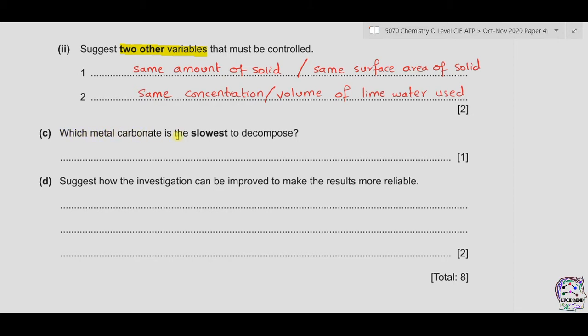C. Which metal carbonate is the slowest to decompose? Now we can see that this metal carbonate will be the one which is taking greatest time to turn lime water to milky.